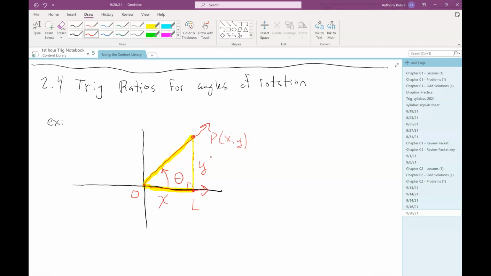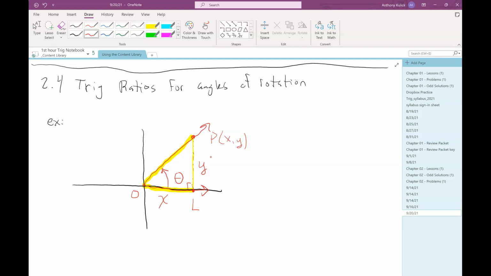And then what's the radius then, or I'm sorry, the length for OP? How would we find the length for OP? It'd be the square root of x squared plus y squared, right? Just using the Pythagorean theorem.